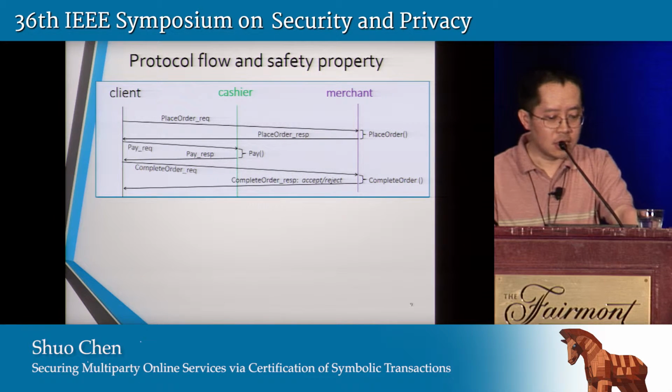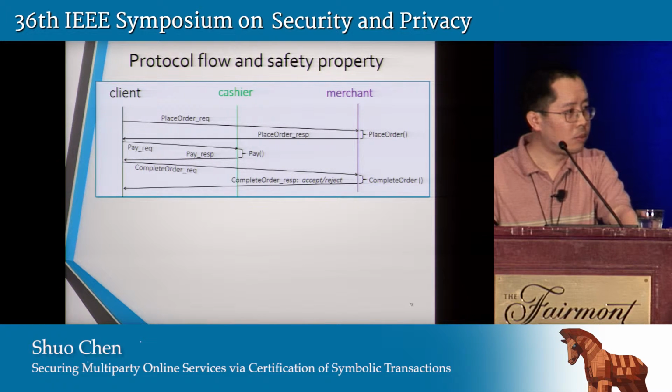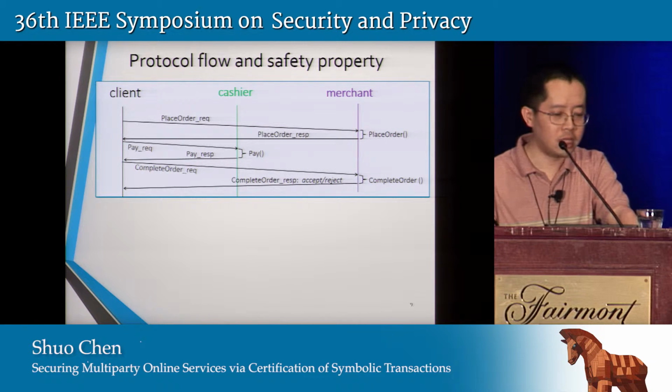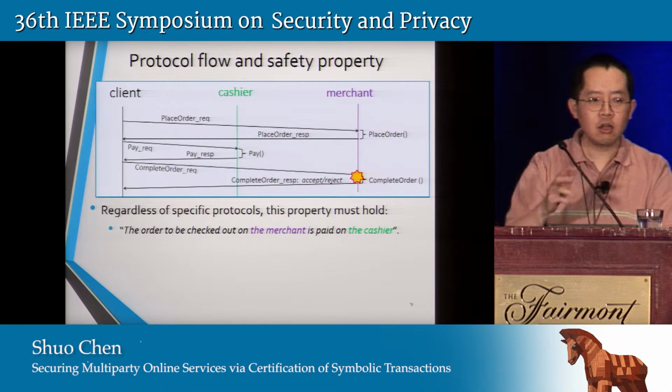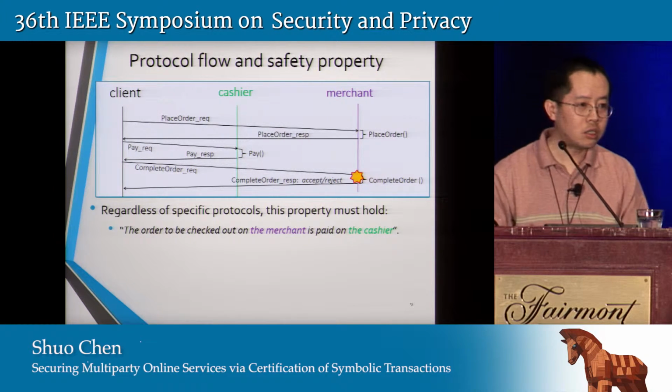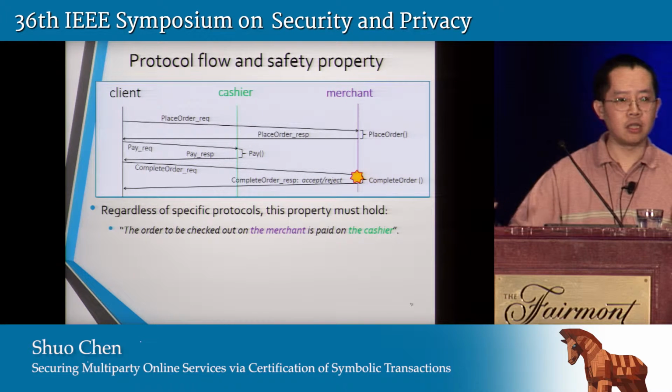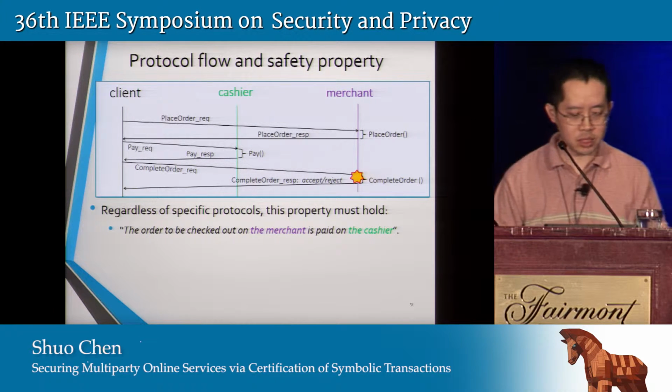Now, what is the safety property here? We realize that the safety property is actually very, very intuitive. Essentially, what we want is that at the end of the transaction, the order to be checked out must have been paid on the cashier. This is common sense.